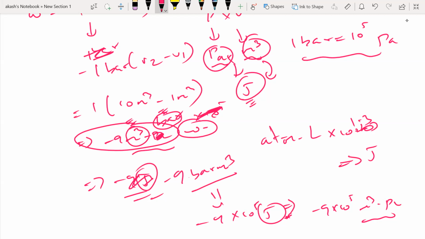Okay, this is a new word. I'll tell you what this is. Don't worry, for this question it doesn't matter much. Isothermal means constant temperature. So 27 degrees Celsius is maintained even throughout the expansion.